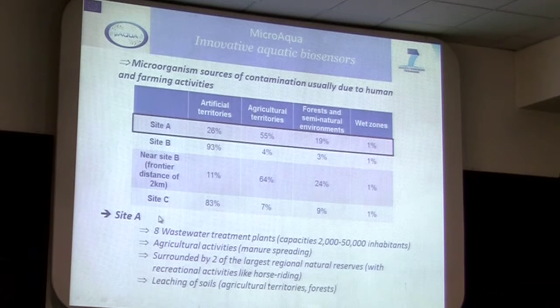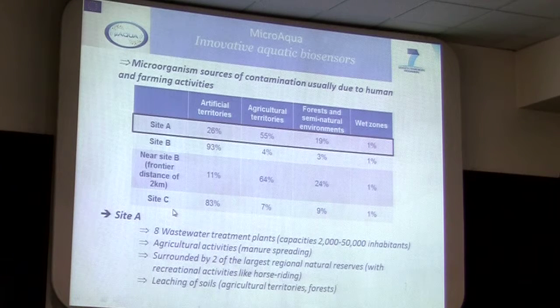At this site, we found not less than 8 wastewater treatment plants releasing into the stream within a distance of 20 km maximum, with capacities between 2,000 and 50,000 inhabitants.